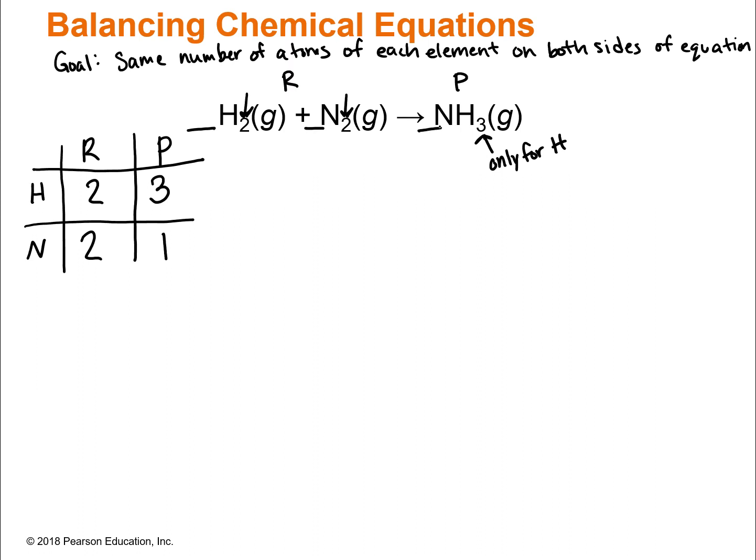We add what's called coefficients. A coefficient is the number that you put in front of the compound that multiplies the whole compound by that number. We do that instead of changing subscripts. Why don't we change subscripts? Because changing the subscript would change the compound.